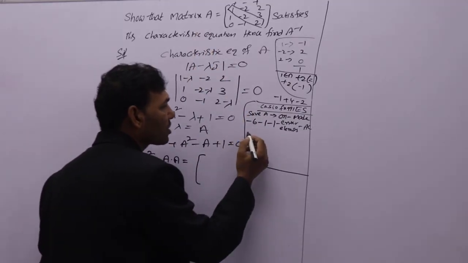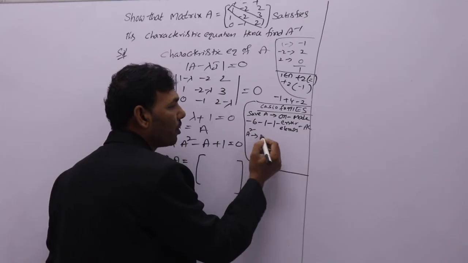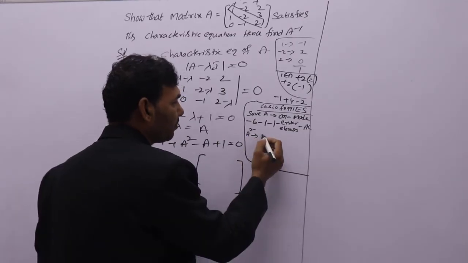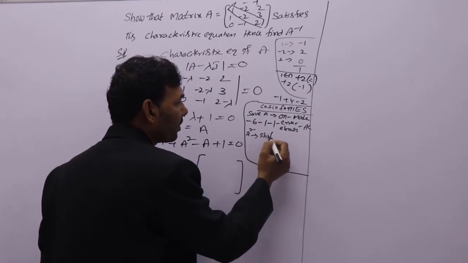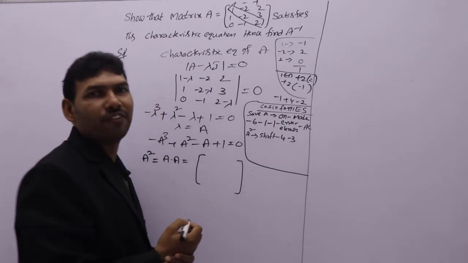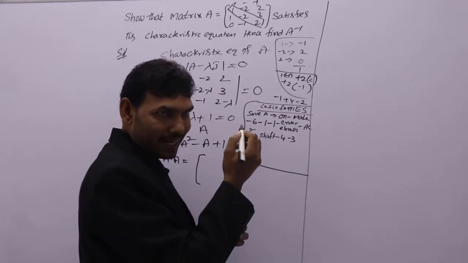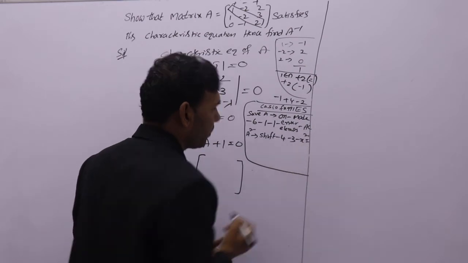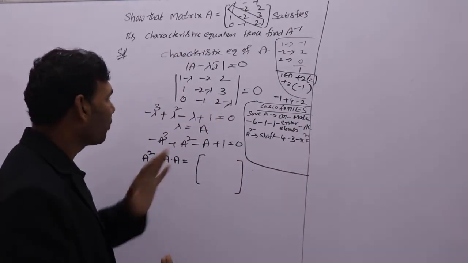Next, to find A square, what you need to do? Switch on the calculator, then press shift 4 3. Then you will get A in the display. Then press x square, then equal to. Then you will get A square.